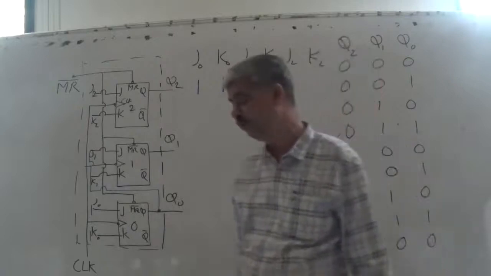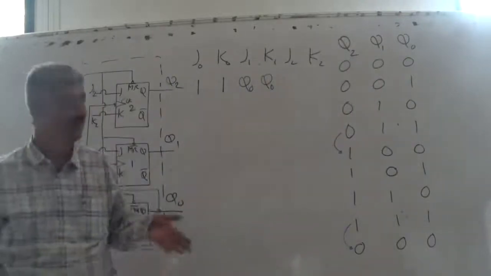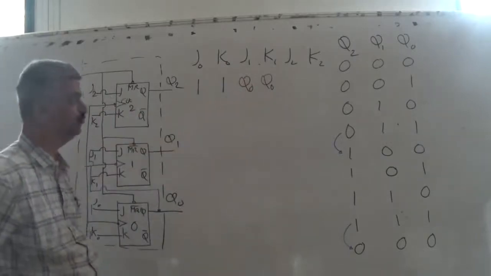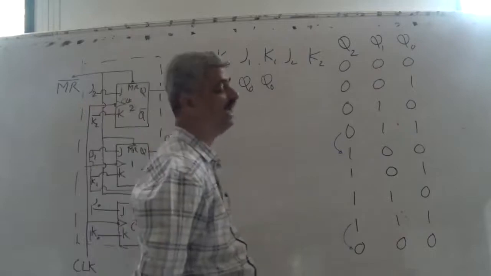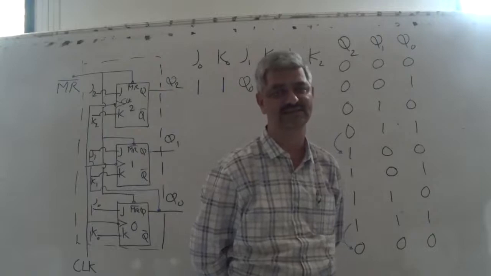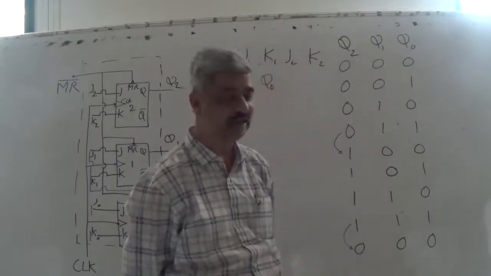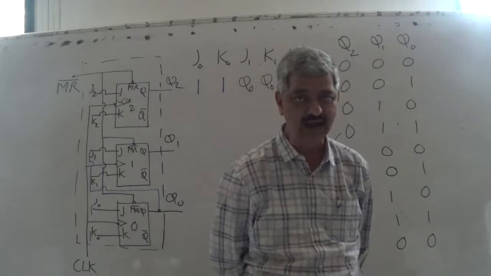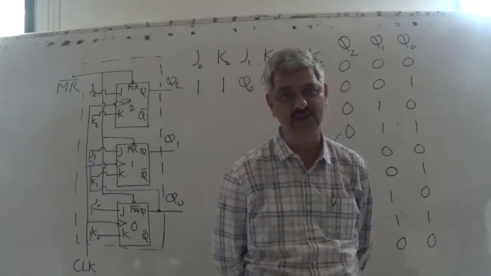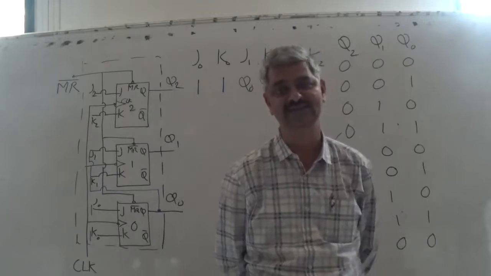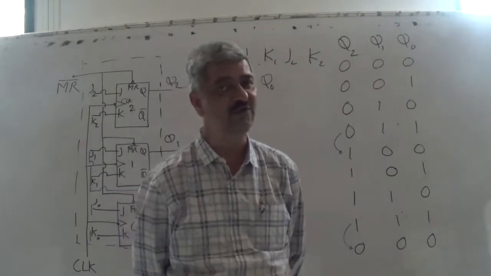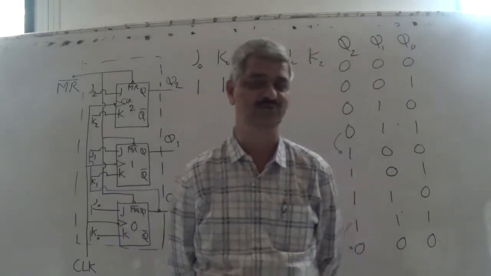Flip-flop number 2 toggles when both lower flip-flops, Q1 and Q0, outputs are 1, 1. And in all other cases it maintains the state. So if Q1 and Q0 are 1, 1, then J2 and K2 should be 1, 1. If any of them is 0, then J2 and K2 should both be 0.